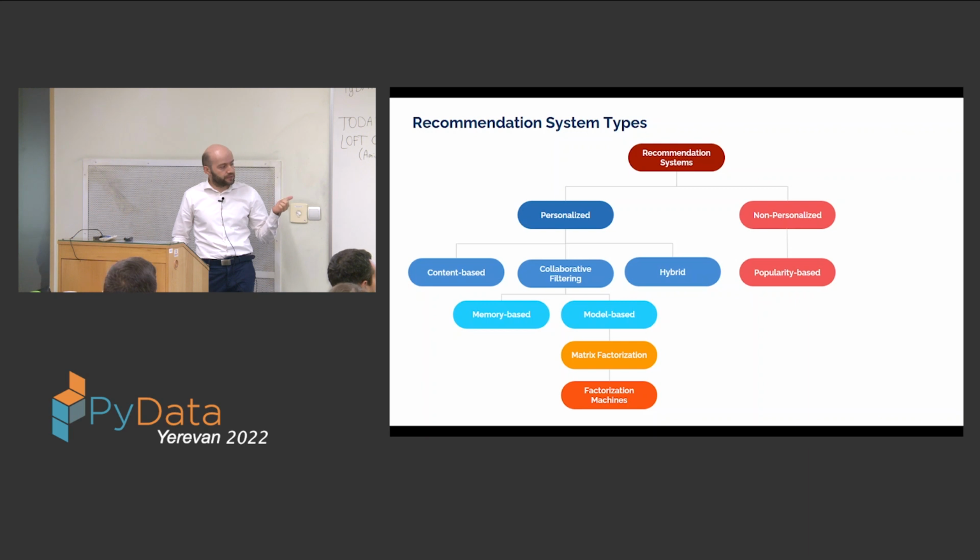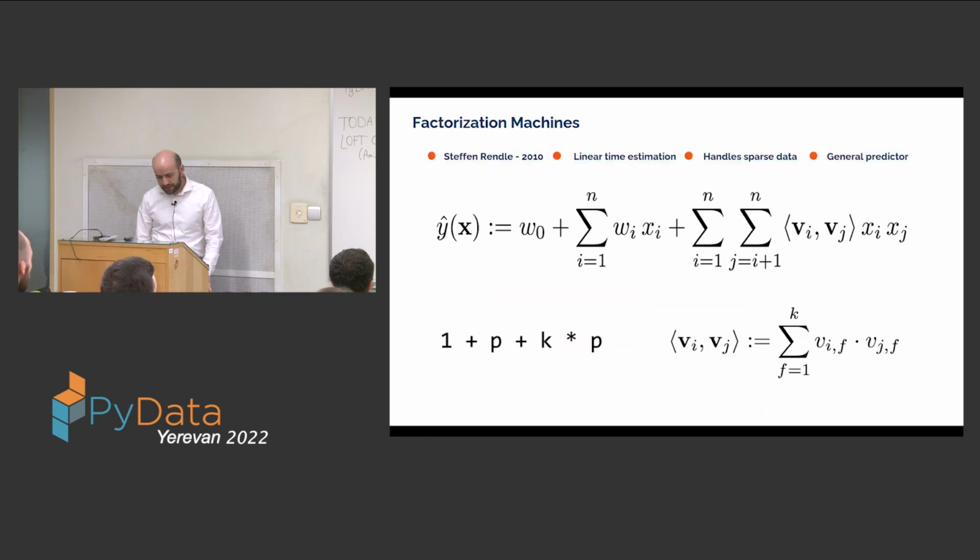So, factorization machines, we will talk about that. The seminal paper on factorization machines was published in 2010 by Steffen Rendle. The advantage of this model is that it can be trained in linear time. It is linear time estimation.